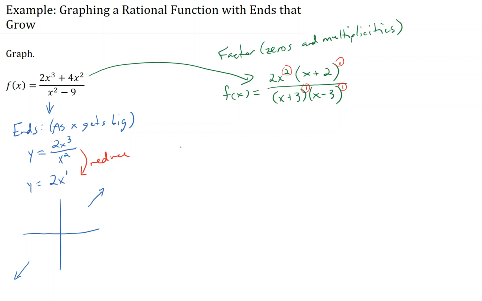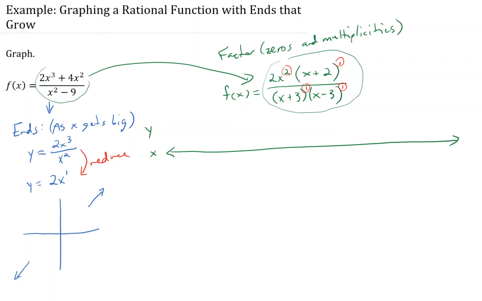So I'll set up my number line chart now. And on the number line I'll have my x values, and then above the number line I'll have my y values, which are dictated by this function, which is the same as this function over here, just not in a factored version. So I'm going to cut my number line at the zeros, which are 0, -2, -3, and +3.